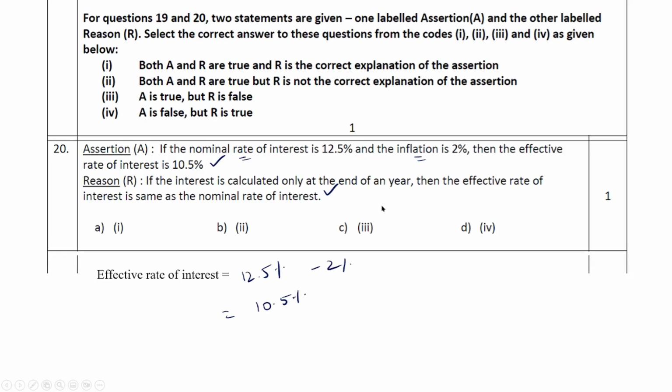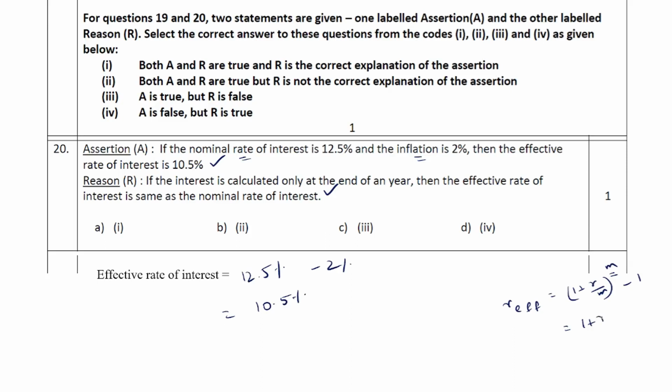So here we can see that we are calculating the interest only at the end of a year. Now we know that R effective is 1 plus R by M the whole raised to M, minus 1. So here we are calculating the interest at the end of a year, so M is equal to 1.